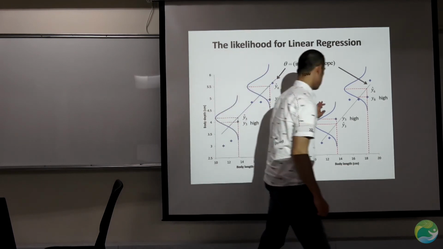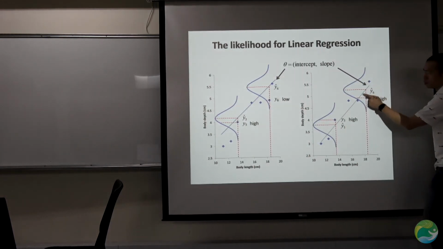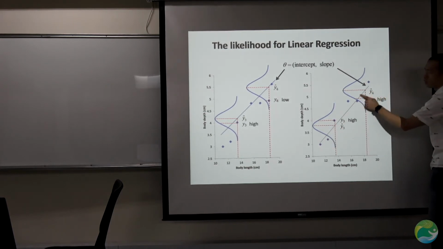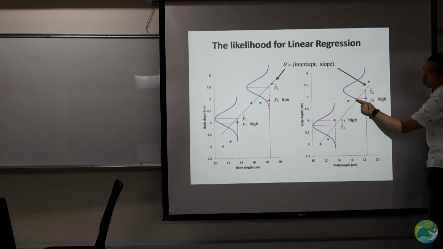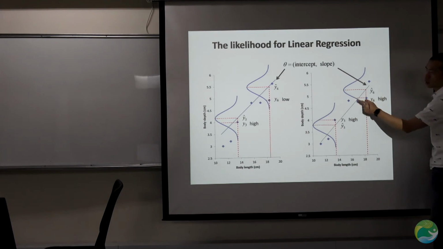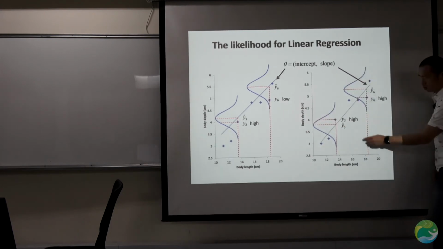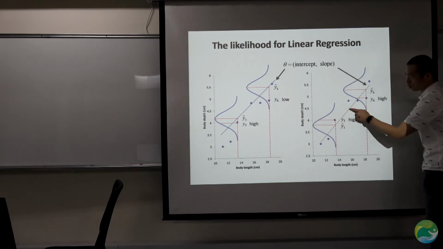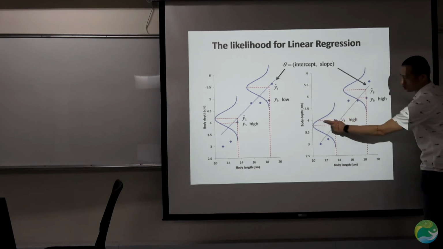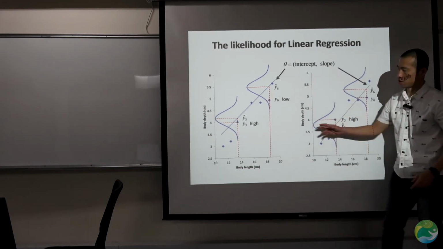On the other hand, for this data point, when the model is this one, the likelihood of this observation is higher than here. The likelihood for this observation, given this hypothesis, is still high, right, compared to this case.